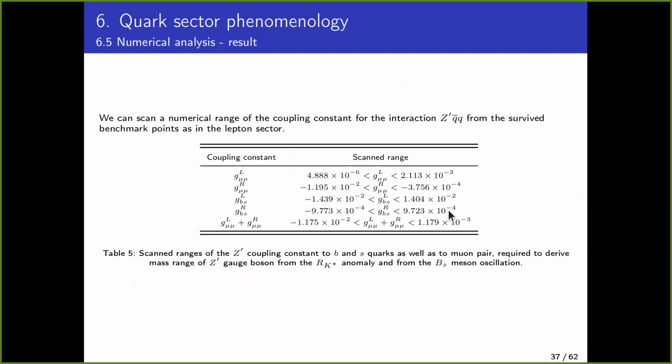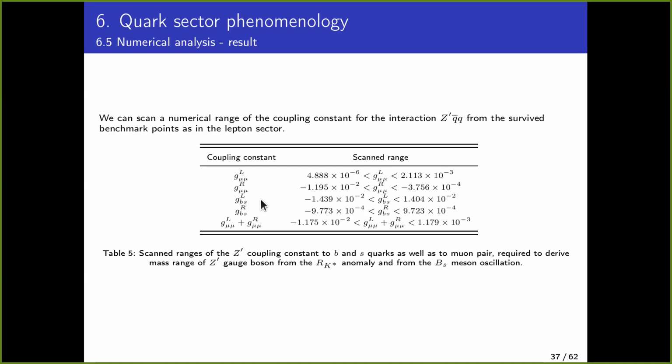So we can scan a numerical range of the coupling constants for the interactions from the survived benchmark points, as in the lepton sectors. Here I also included the muon couplings, left-handed and right-handed muons, for convenience.